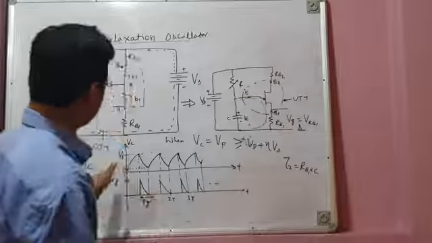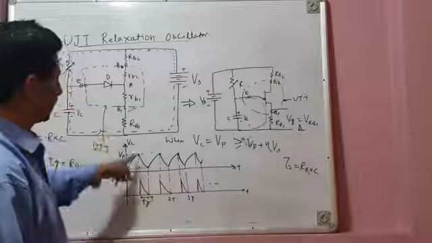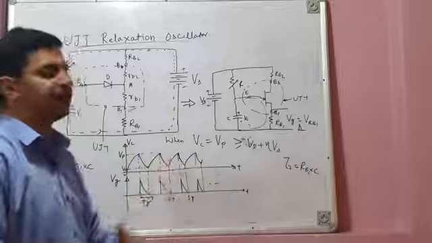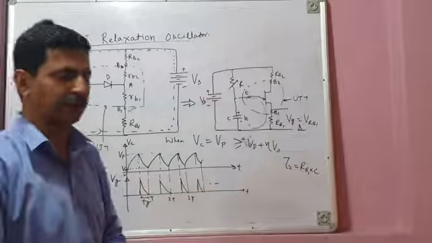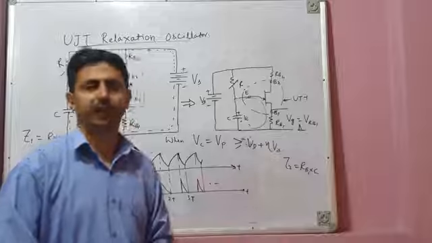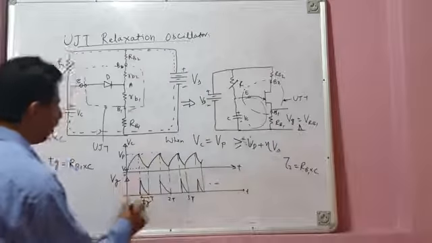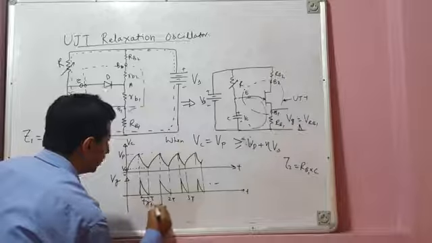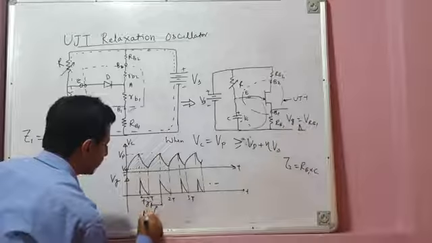Therefore, you can see this UJT acts as a relaxation oscillator. As a relaxation oscillator, it generates a train of firing pulses that you can use for the triggering of your thyristor. Between the occurrence of two pulses, that is between this and this, UJT relaxes. This is called relaxation time.